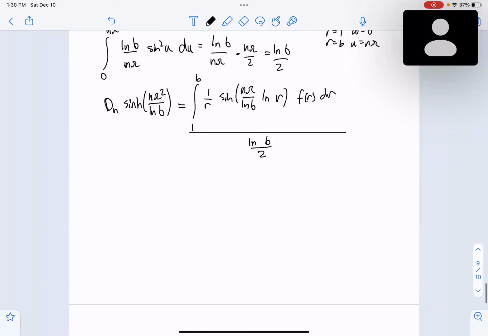Now, all that's left is to bring this to the other side, and you'd be left with dn fully defined for all n.